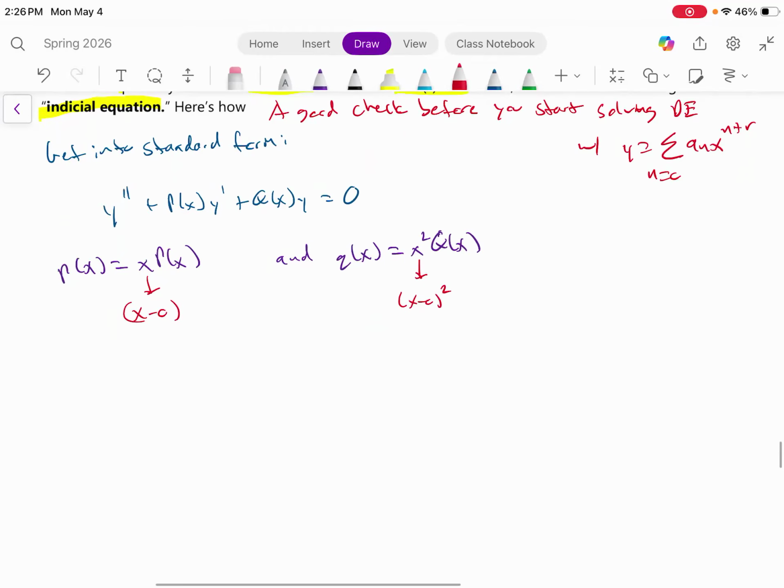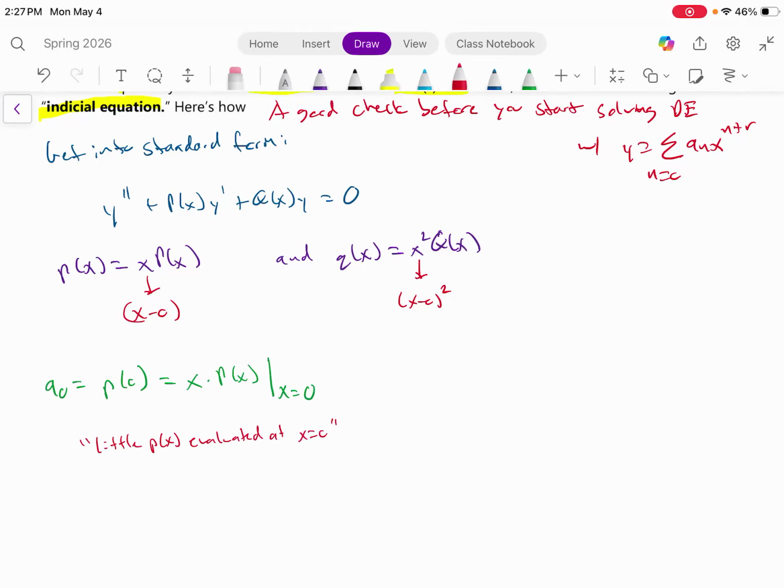There's a couple of values we want to obtain: an a naught and a b naught. a naught is defined as little p evaluated at 0. We know little p is x times capital P of x, and whatever that is, evaluated at 0.